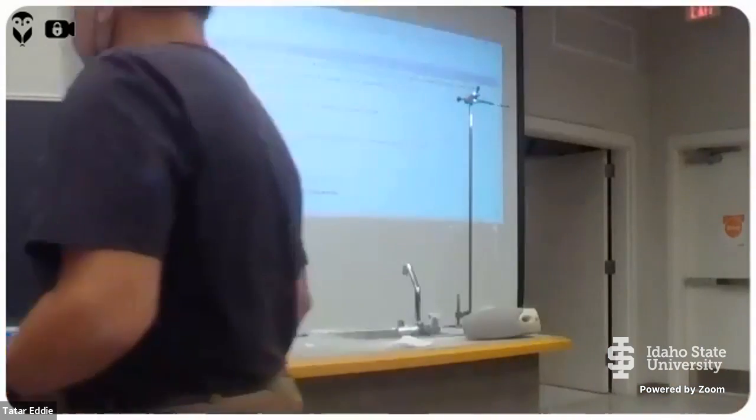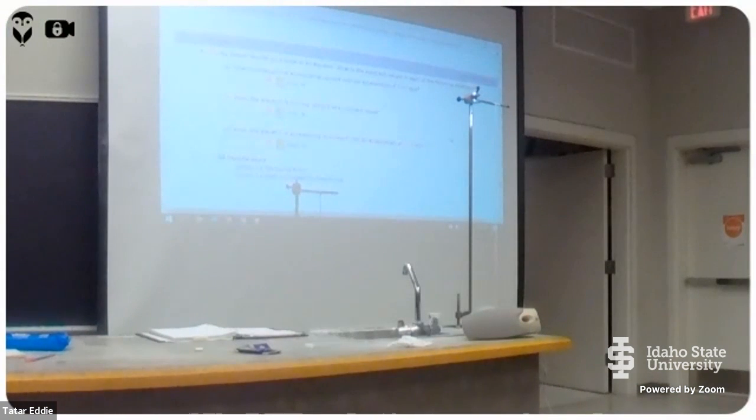So let's draw a diagram. Problem 19. Here is the floor of the elevator.